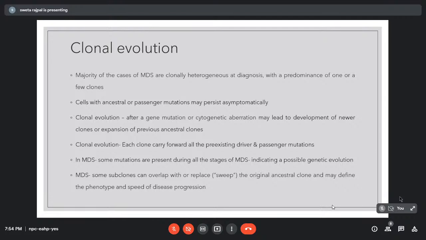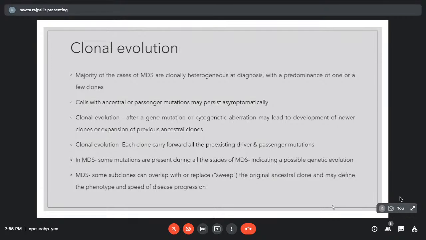So how does clonal evolution happen? We know that MDS is very heterogeneous. There is no single mutation present when a patient has MDS. As I mentioned before, most patients have so-called ancestral or passenger mutations that may persist asymptomatically even for a long period of time. When clonal evolution happens, a gene mutation or cytogenetic aberration over an ancestral or passenger mutation may lead to the development of newer clones or an expansion of previously ancestral clones.